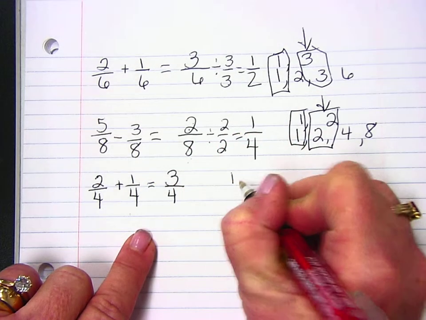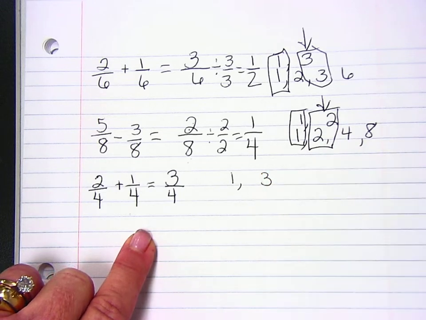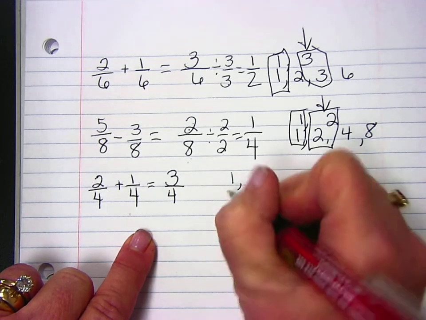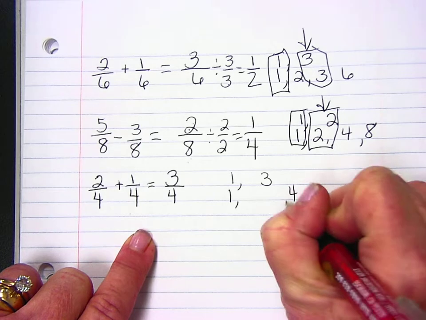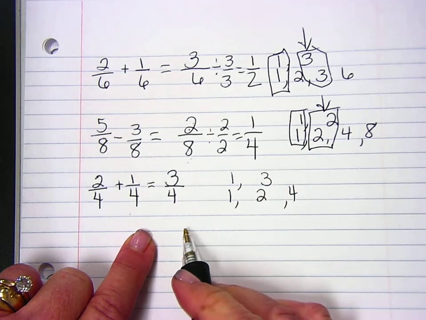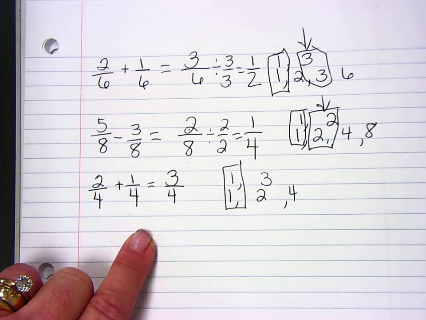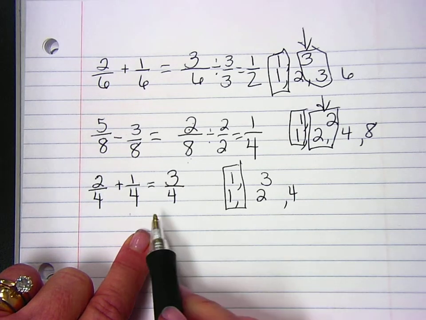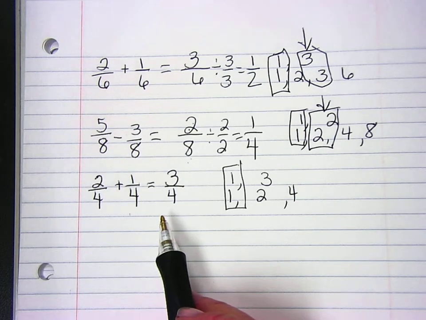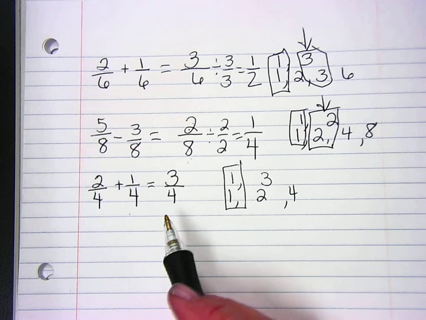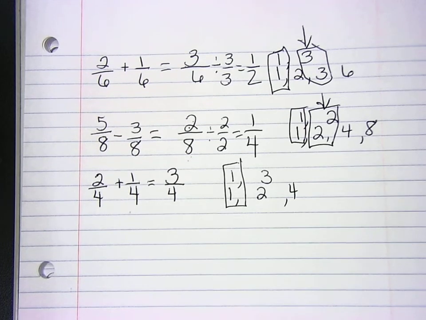I can look at this. 1 and 3 are my factors for 3. 1, 4, and 2 are my factors. I just have 1. It is already in simplest form. Okay, so let's look at another one.